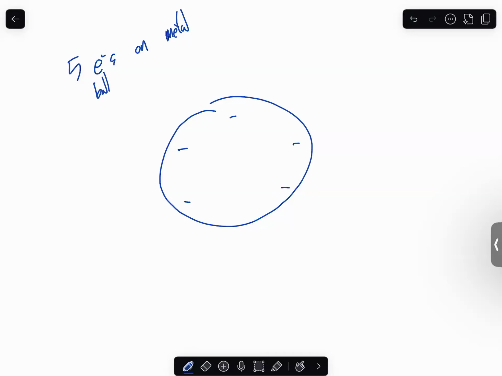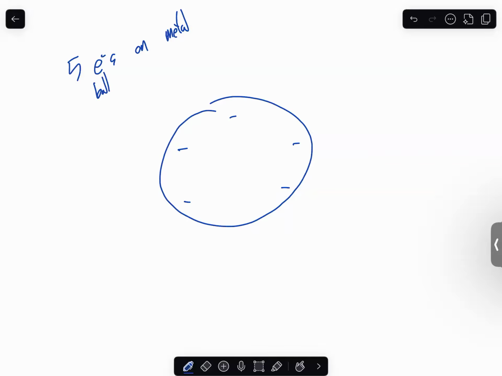Remember this: unless you're pushing on it with some other stuff, charge in general tries to separate itself smoothly around the outside area of an object.